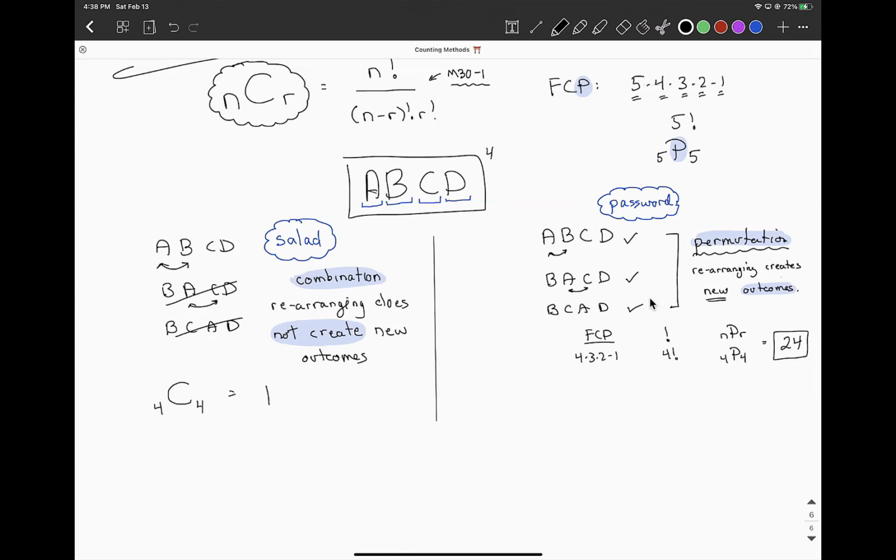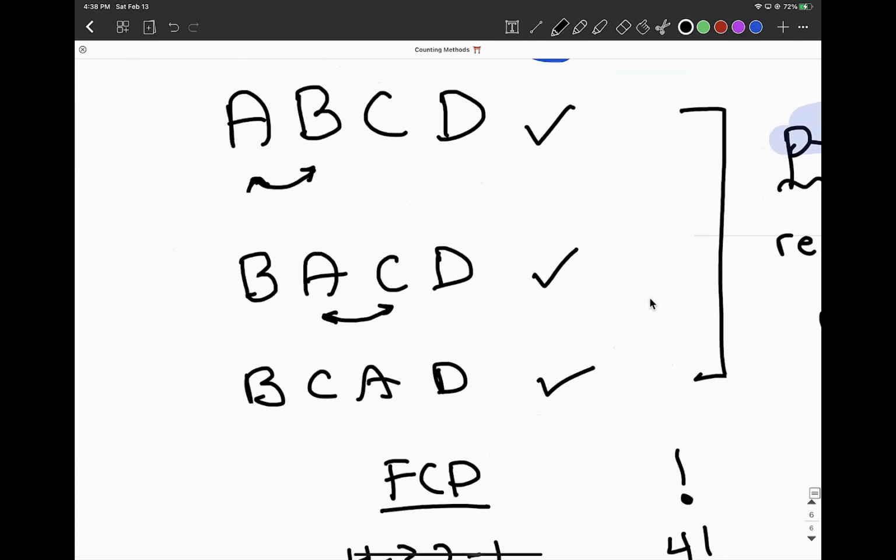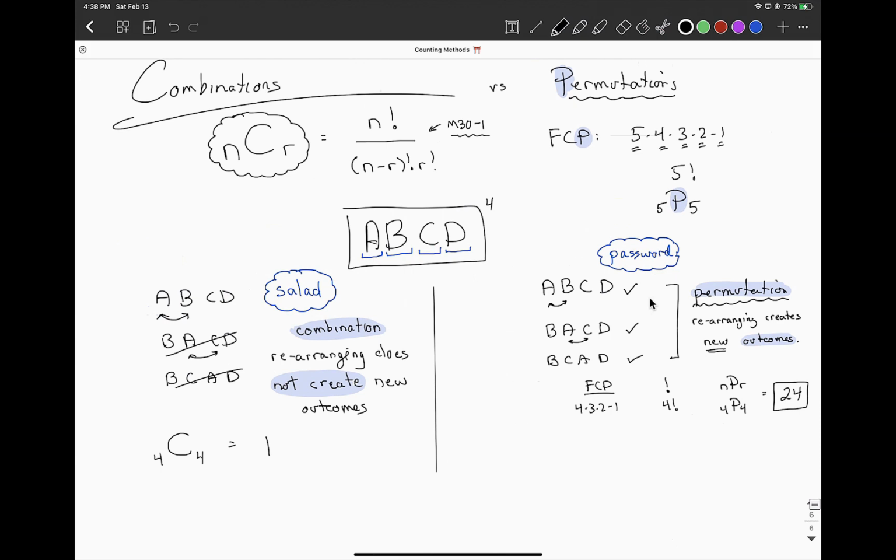And these combination calculations are significantly smaller than all the different rearrangements where every little change creates a new password or something. That's why these permutations got so big. But we have this combination calculation which works for situations which 100% don't respond to moving this around.